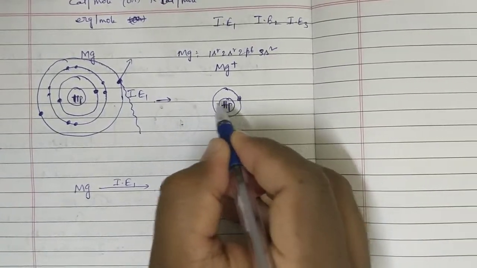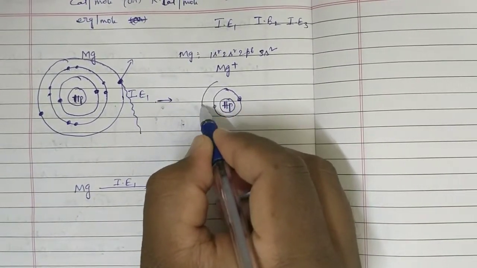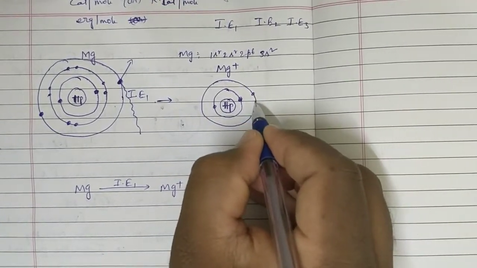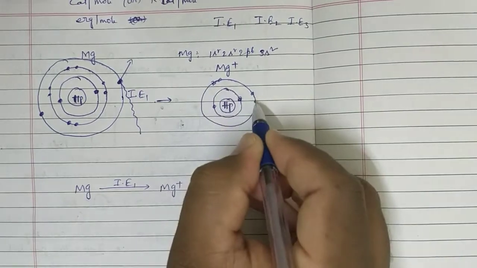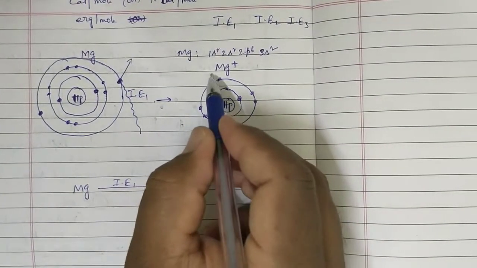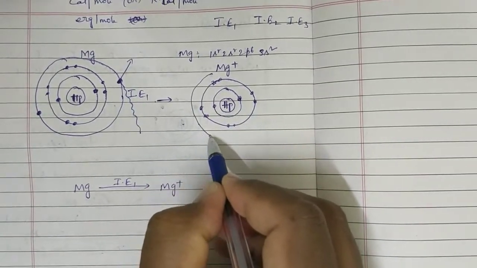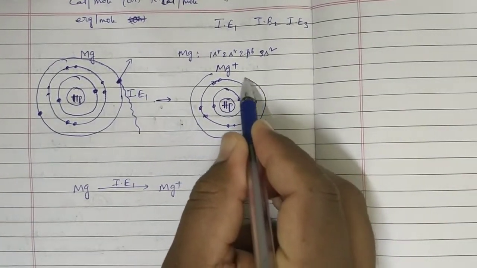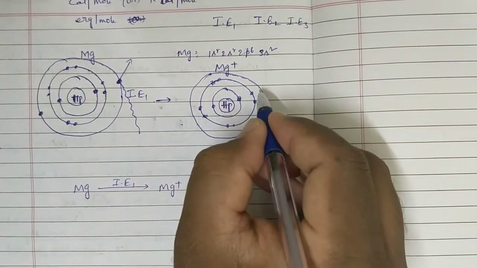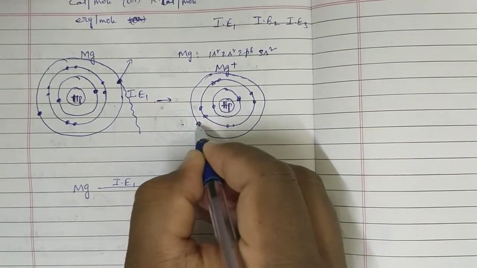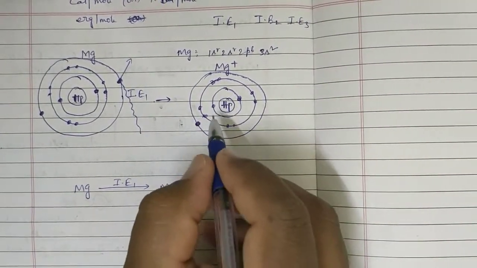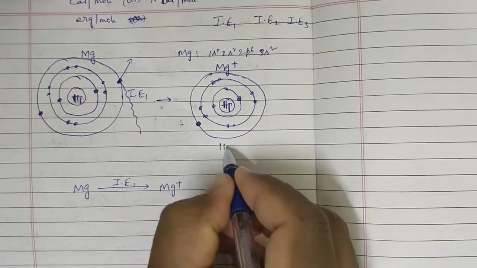First shell, second shell, third shell. This time we have one electron only in third shell. Number of electrons present here is 11 electrons.